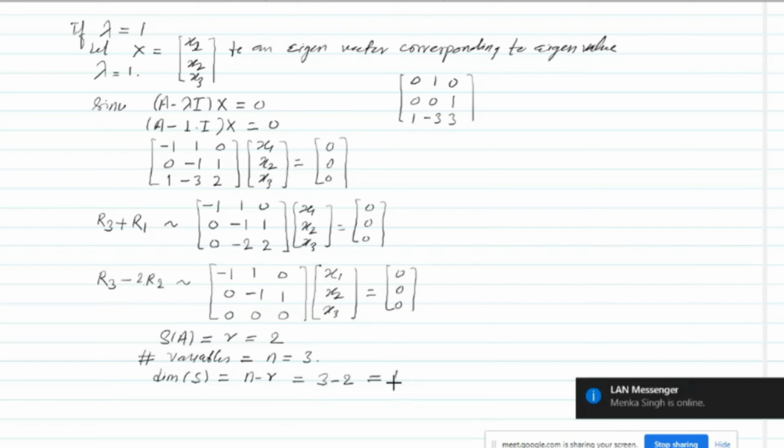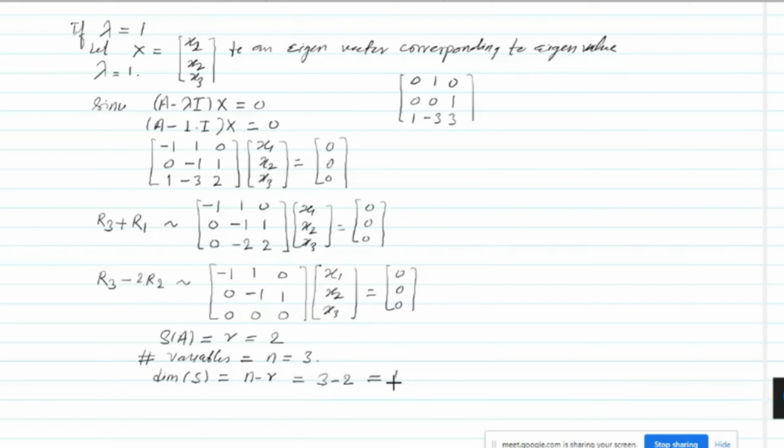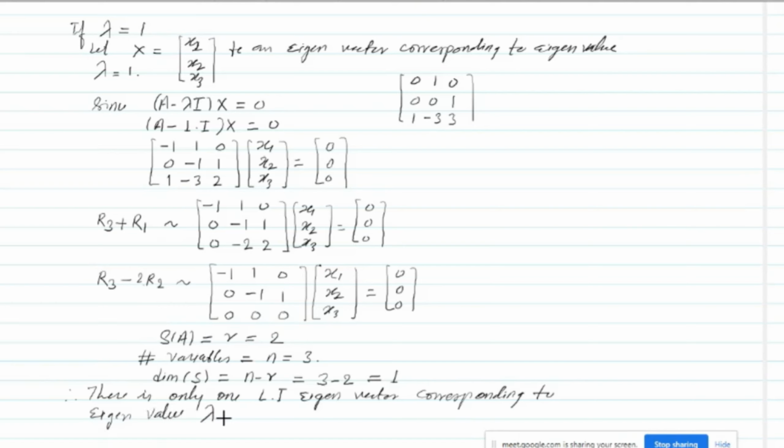So there is only one linearly independent eigenvector corresponding to eigenvalue lambda equal to 1. Let us find it.